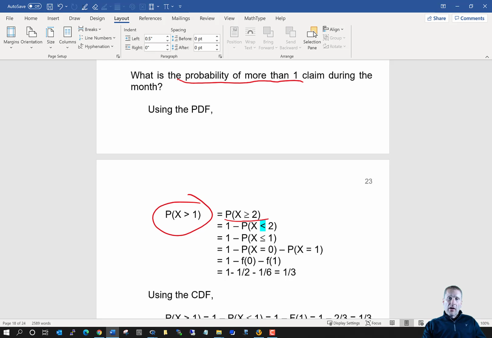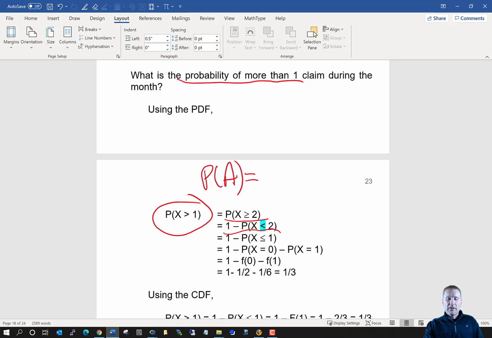Because of how our random variable is defined, meaning there's an infinite number of possibilities for it, to find this corresponding probability, it's actually going to be easier to look at 1 minus the probability x is less than 2. Where does this come from? Well, this comes from using the complement that we saw before.